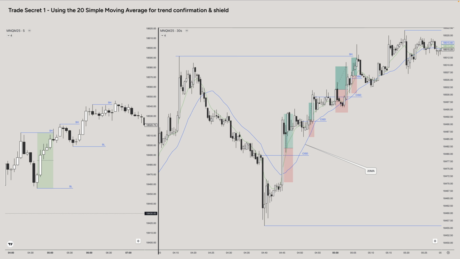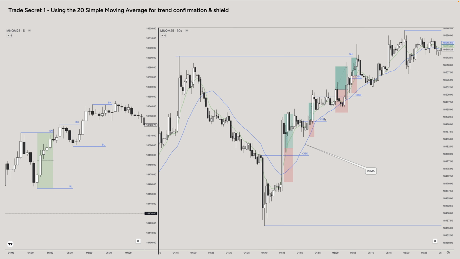That's why the examples I've just shown you have no indicators. However, there is one indicator that I like to use, but only on my entry time frame, and that is the 20 simple moving average, which is the blue line here. Disregard the green line, focus on the 20 simple moving average.